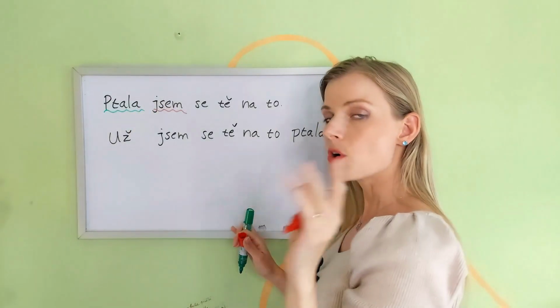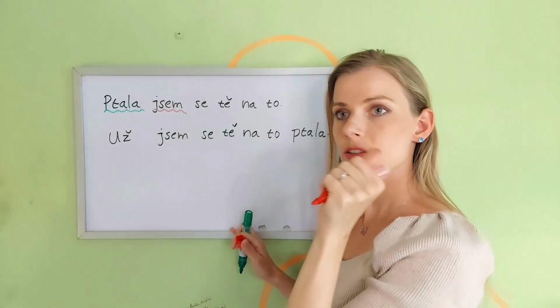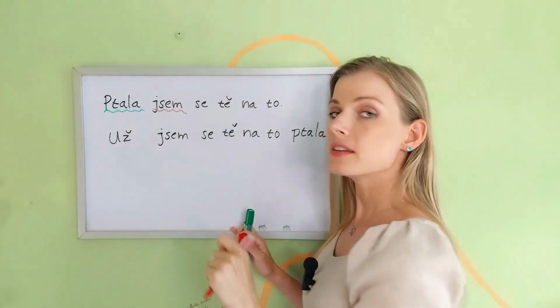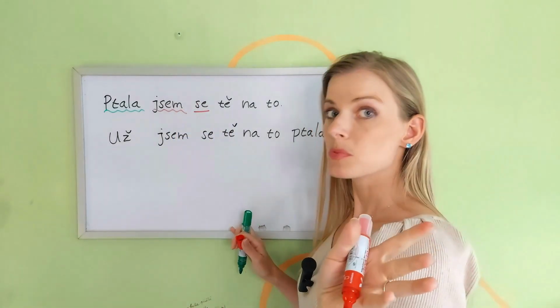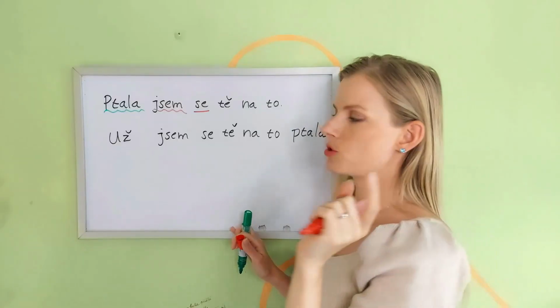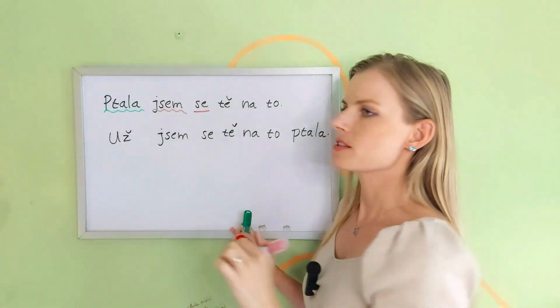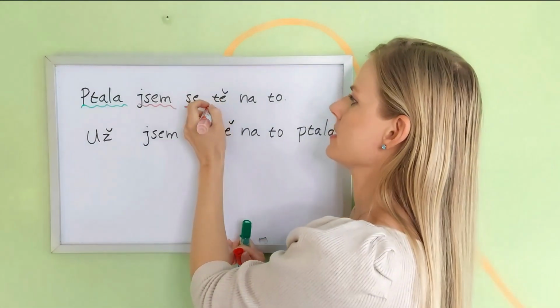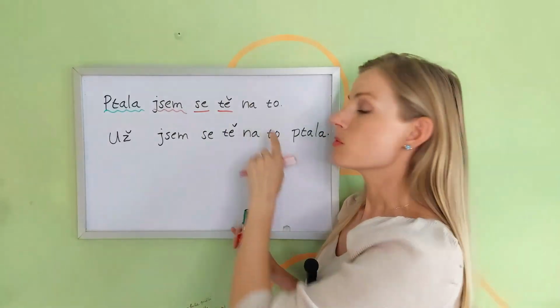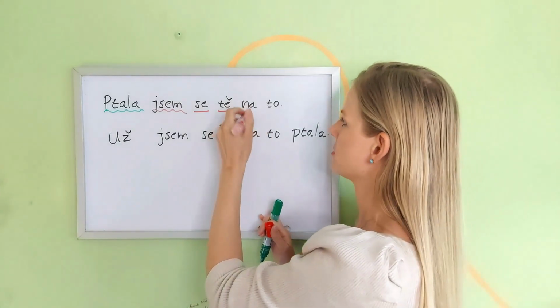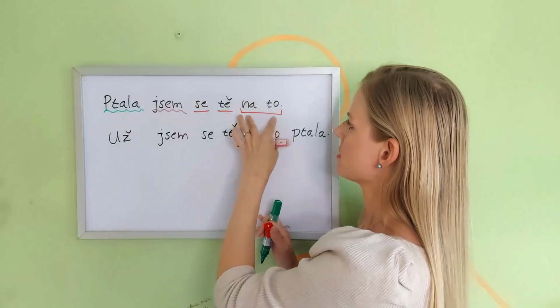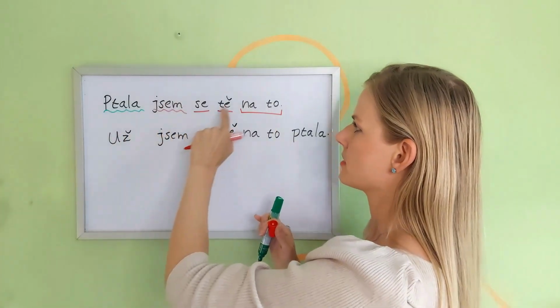Jsem, auxiliary verb to be, has the priority. Then se, or si, it's here. Then would be a pronoun, a short, unstressed pronoun. Tě is the perfect candidate for it. We take it, welcome. And what else? A pronoun with a preposition. Preposition, na to. We keep them together. Ptala jsem se tě na to.